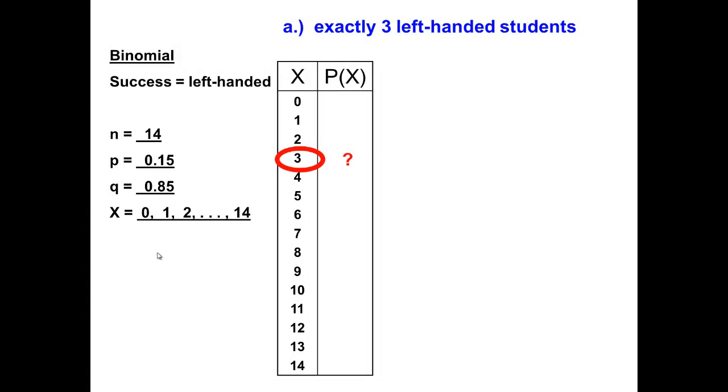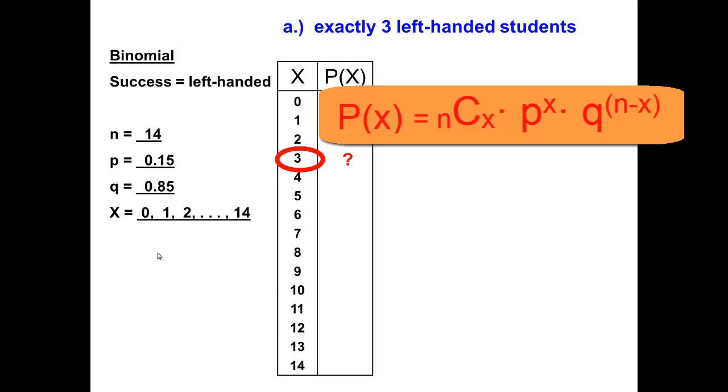And for the A part, we want exactly 3. Since we have a total of 14 and we're looking for 3, that would be 14 choose 3, or 14 combination 3. Our probability of success is 0.15.